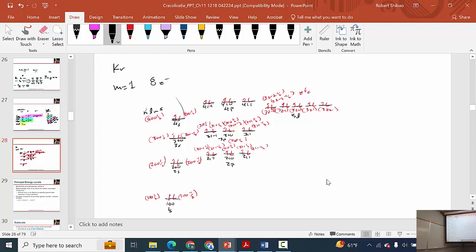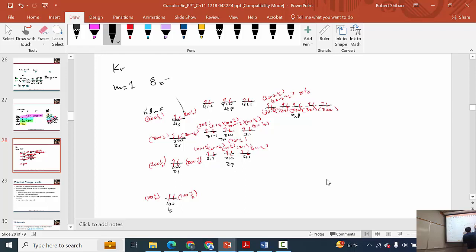No, not that many. Ten is correct. There are 5 orbitals with L equals 2. In those 5 orbitals, we have a total of 10 electrons. Each of those electrons will have L equals 2.